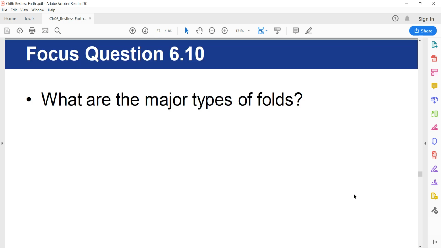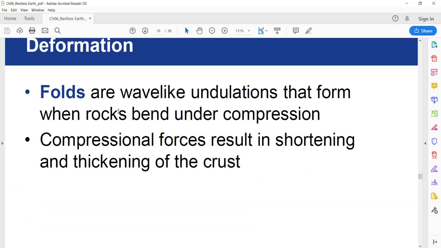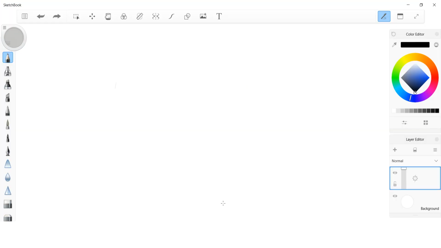What are the major types of folds? So the folds are a type of ductile deformation, right? In this case, folds are wave-like undulations that form when rocks bend under compression. So again, another important point here is compression. Folds occur only when compressive stress is applied.